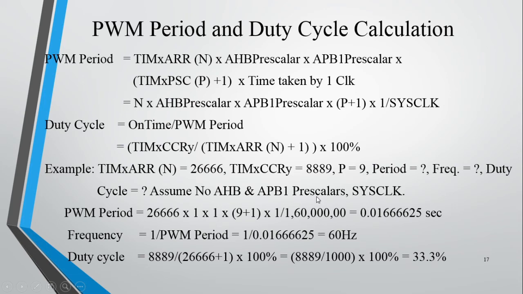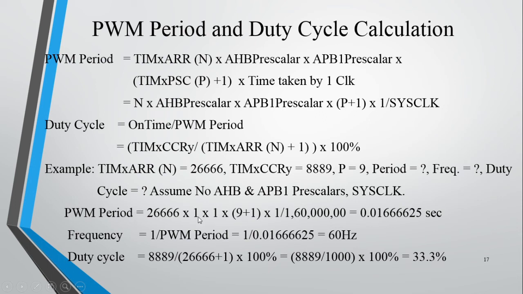Right? So if you are asked to generate a PWM of say 10 Hertz and a duty cycle of 50%, what will you do? You need to take the same equation. You need to substitute the frequency as 10 Hertz, that is, divide 1 by 10 Hertz, and give that time period here.